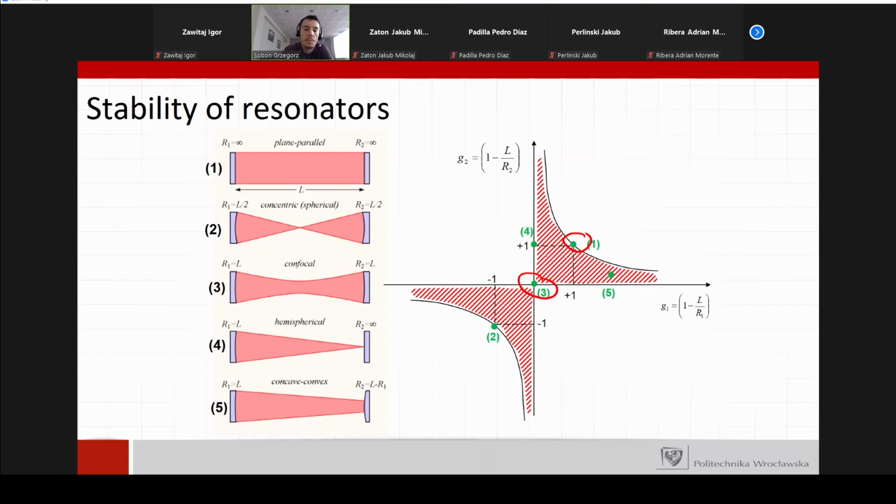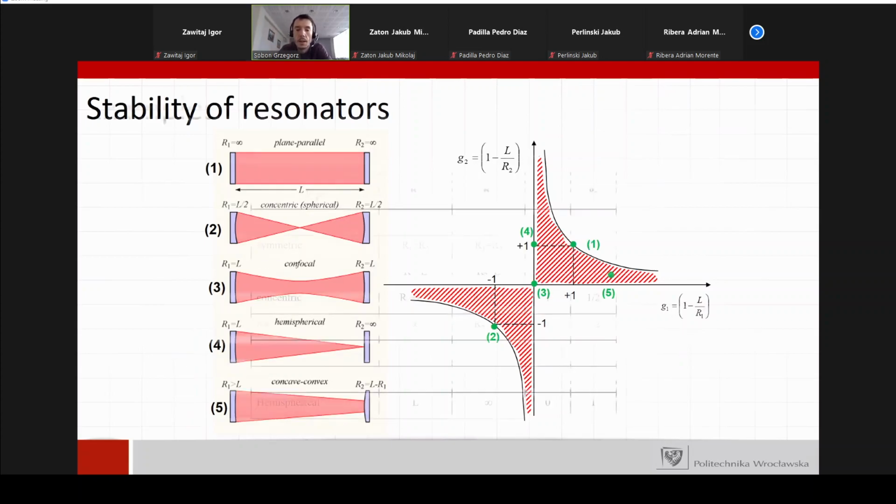So this is just an illustration that you need to know that resonators are divided into stable or unstable, and typical resonators like confocal or even plane parallel or this kind of concave convex, which are used in semiconductor lasers, are in most cases stable.